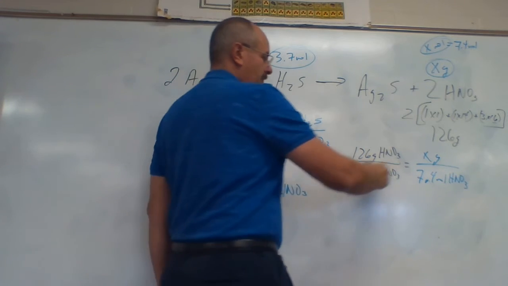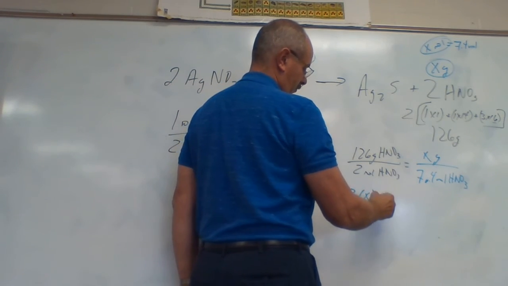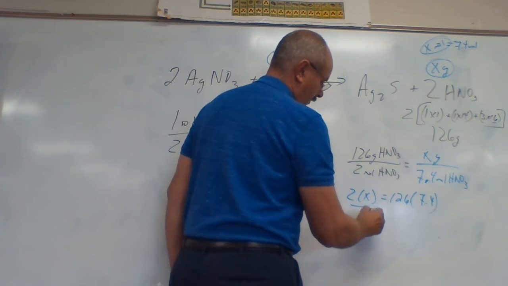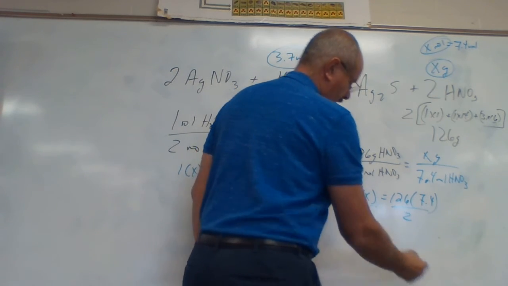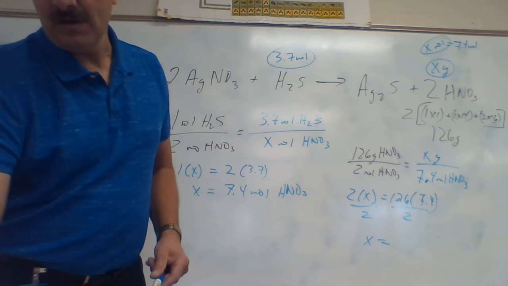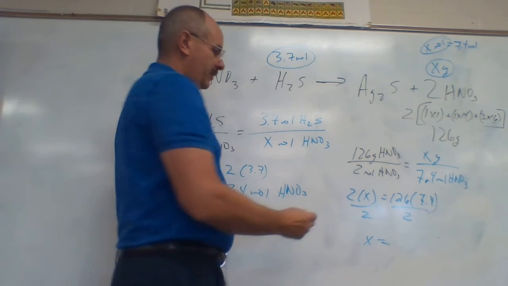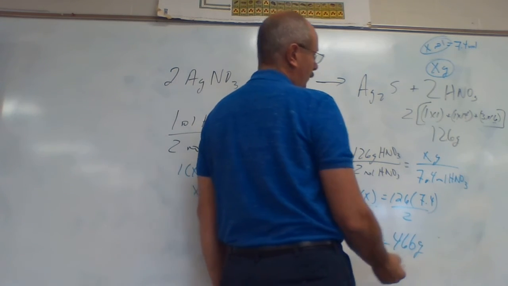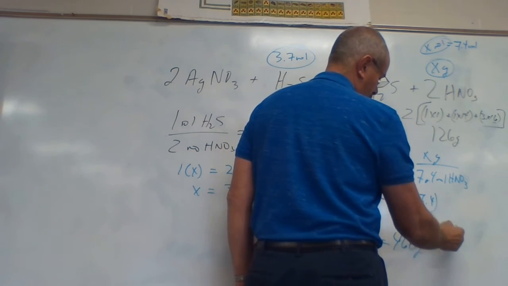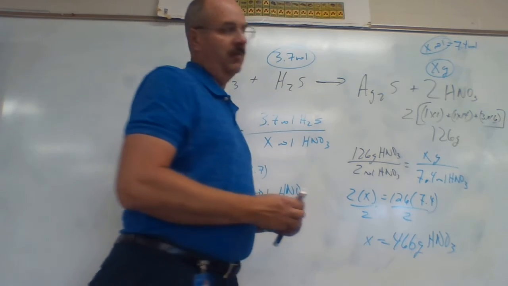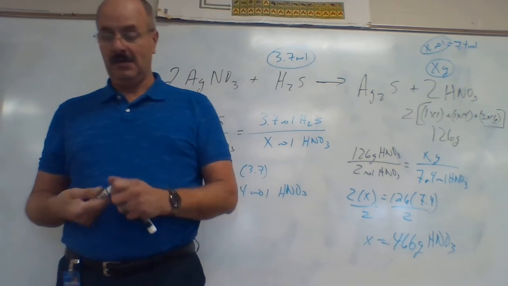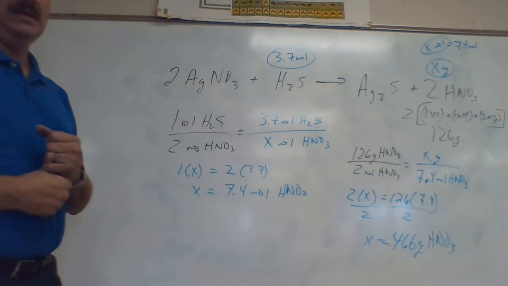So cross multiply: 2 times X equals 126 times 7.4. Divide by 2, divide by 2. X ends up giving me an answer of 466 grams of HNO3. Now, is that what they wanted? Yep, they wanted grams of it. That's what we found, so we end up with grams.